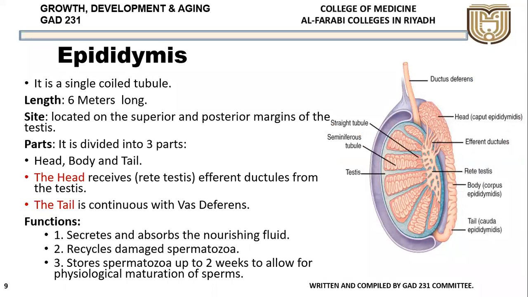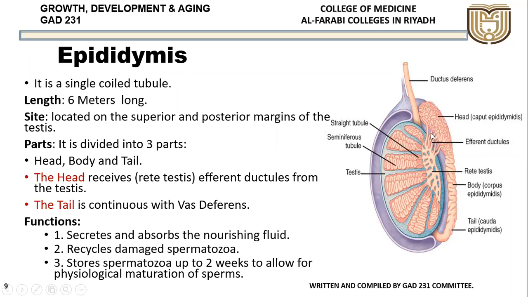Coming to the epididymis, as you can see here, this is the septa, and this is the lobule within which we can see the seminiferous tubules coiled. They all drain into the rete testis, and from the rete testis the sperms are drained through the efferent ductules into this structure called the epididymis. The epididymis is nothing but a single coiled tube.